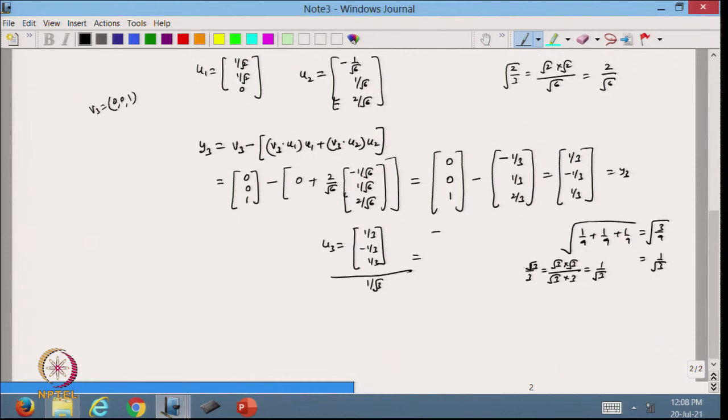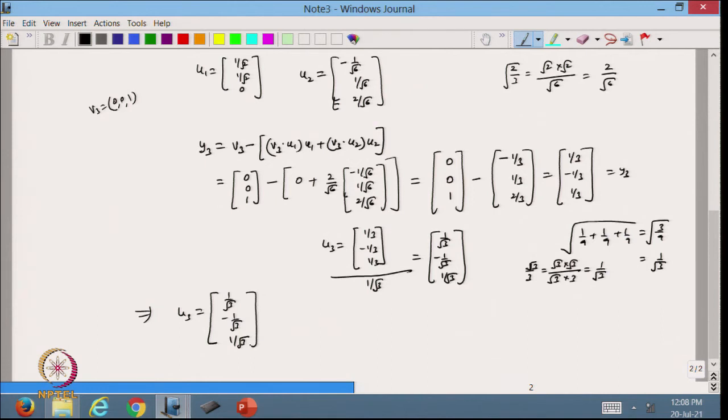So, from here I can get this vector as 1 by root 3, minus 1 by root 3 and 1 by root 3. So, this is my vector u3. So, from here my u3 becomes 1 by root 3, minus 1 by root 3 and 1 by root 3.